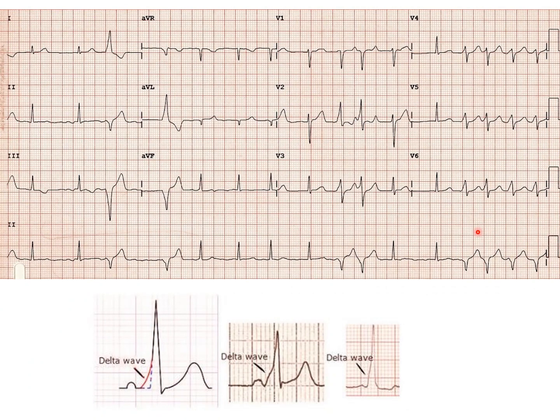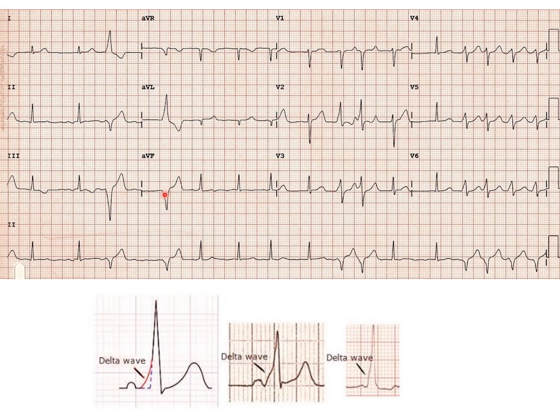The commonest example for pre-excitation you can consider is WPW syndrome. In WPW syndrome, you can notice the delta wave. This is a sloping part at the initiation of the QRS complex. So this delta wave can be because of this pre-excitation or WPW syndrome.